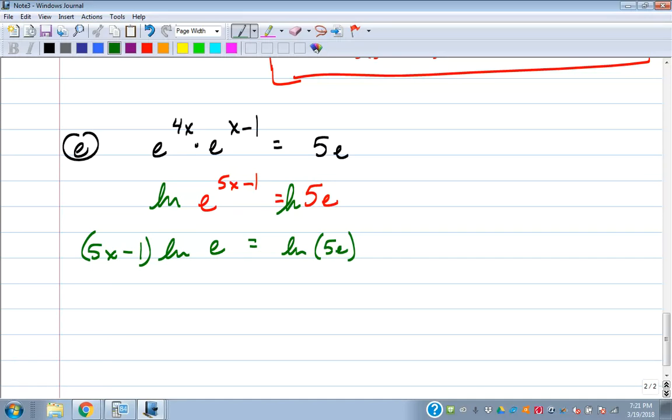Log base e of e does what to itself? Cancels itself out. So really, this part is gone. And we have 5x minus 1 equals natural log of 5e.